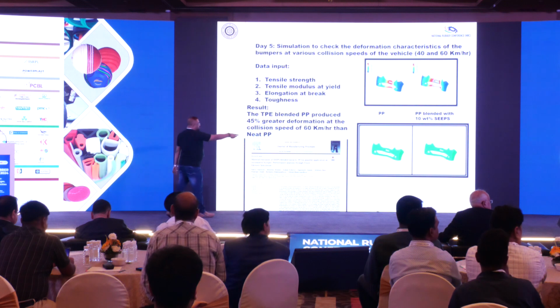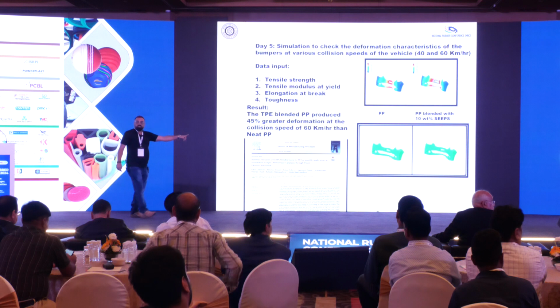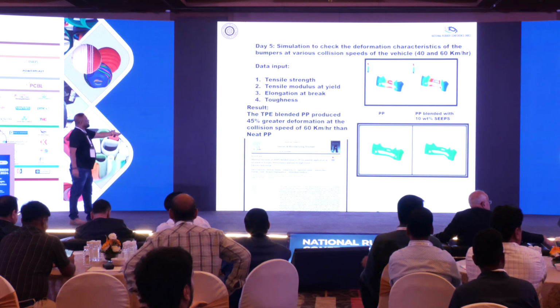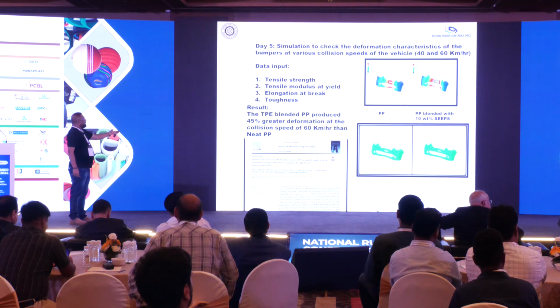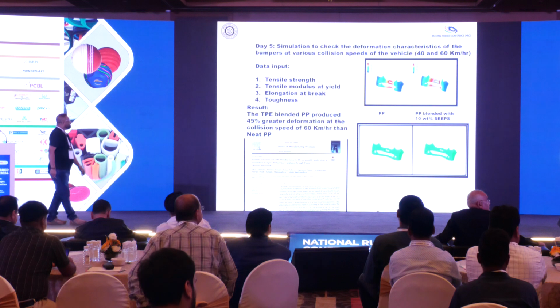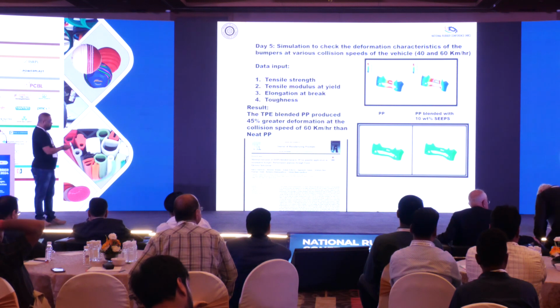And here you can see the SEEPS modified is giving much higher deflection. It means that it will not break. And the data input were only tensile strength, tensile modulus at yield, elongation at break, and toughness. And we found that 45% greater deflection we can obtain with this one.